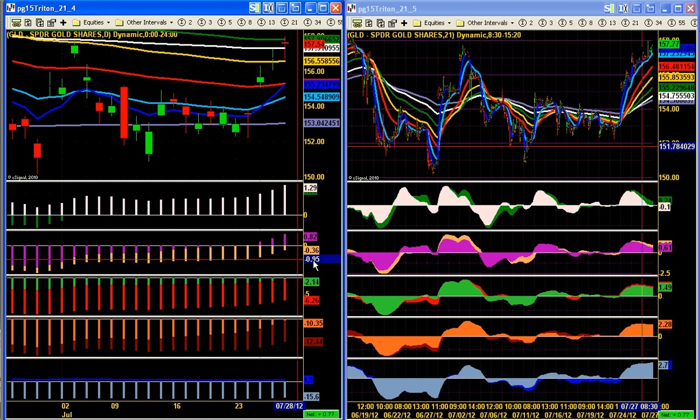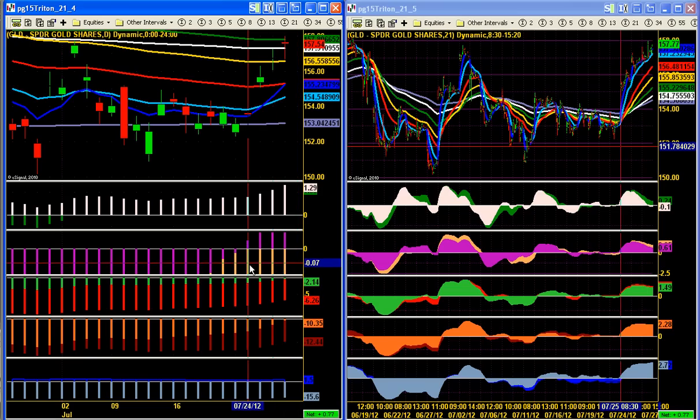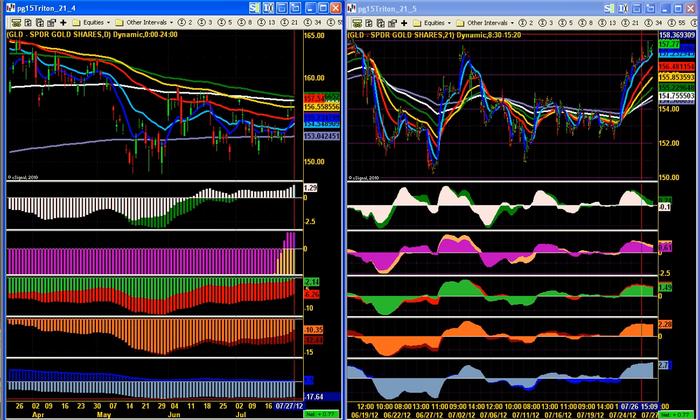Let's just see exactly when it went above zero. Now T1 was already above zero. T2 went above zero on the 24th of July at 153, and now it's at 157. So it looks like the bias to GLD is on the upside.